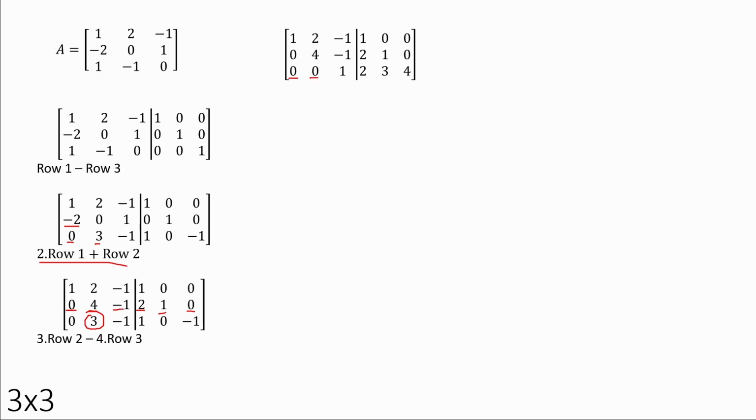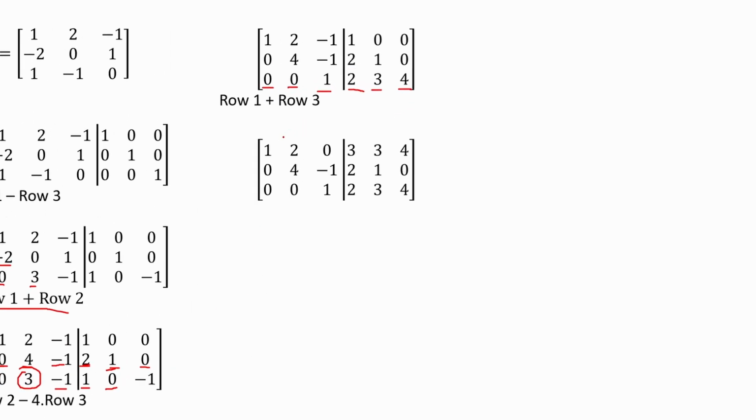And then this one will be minus 3, this one will be minus 4, and the result will be 1. This one will be 6, minus 4 will be 2. This one will be 3, minus 0 will be still 3. Then 0 minus 4 will be 4.